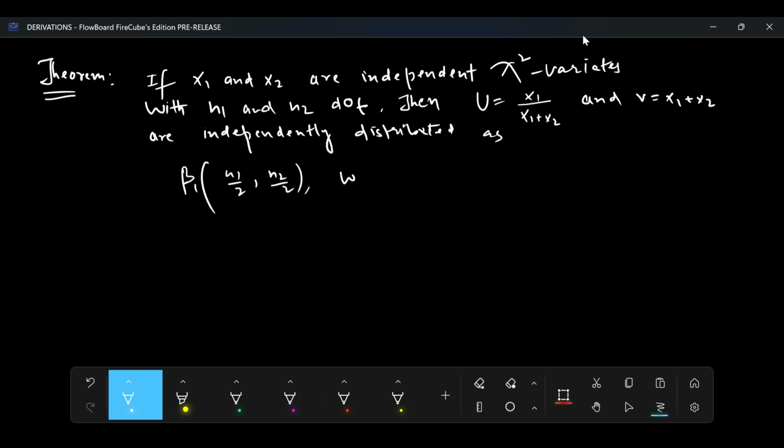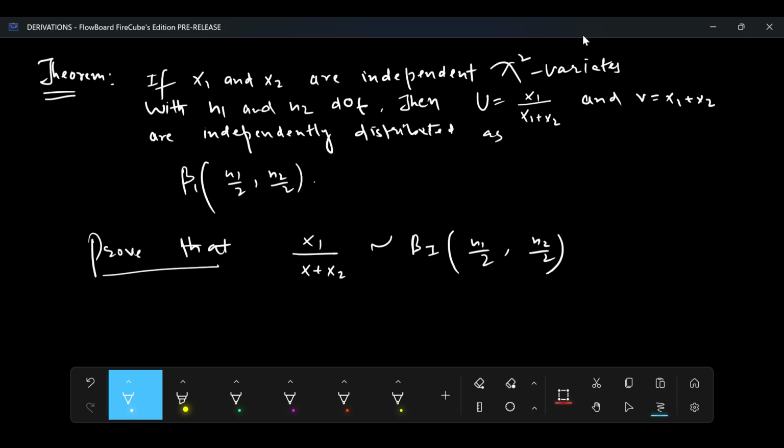Or simply we need to prove that x1 divided by x1 plus x2 will follow beta first kind n1 divided by 2 comma n2 divided by 2. We need to prove that u is equal to this will follow beta first kind n1 divided by 2 comma n2 divided by 2, right?